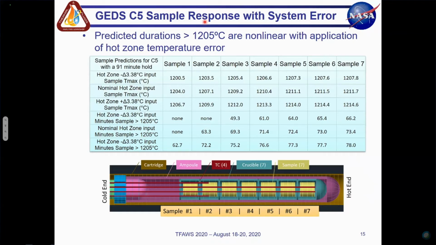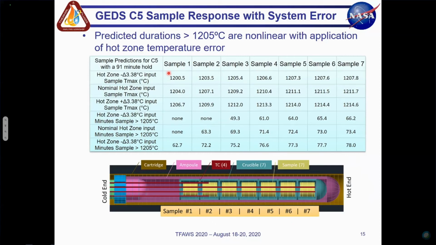On slide 15, this table shows the range of temperature and duration above 1205 that each sample in the cartridge could have experienced, factoring in TC error. Again, the PI is interested in the duration each sample is above 1205, as well as the maximum temperature experienced.